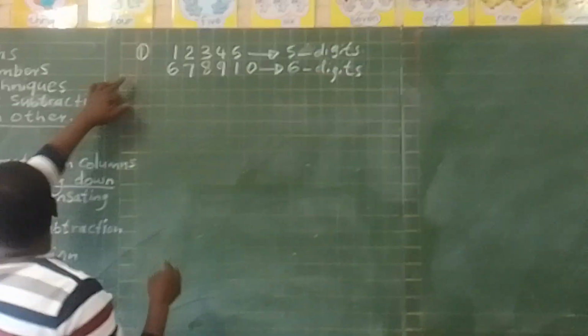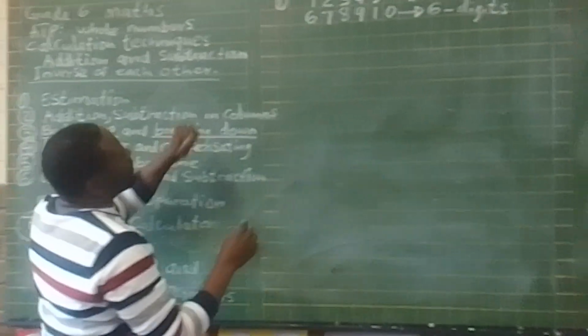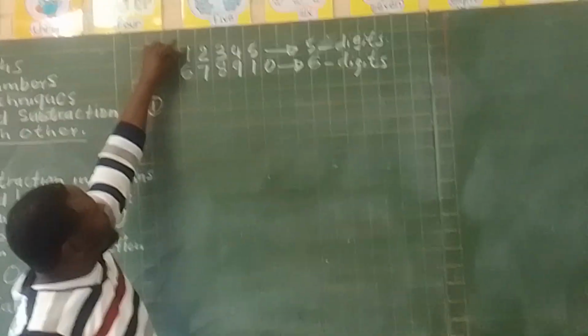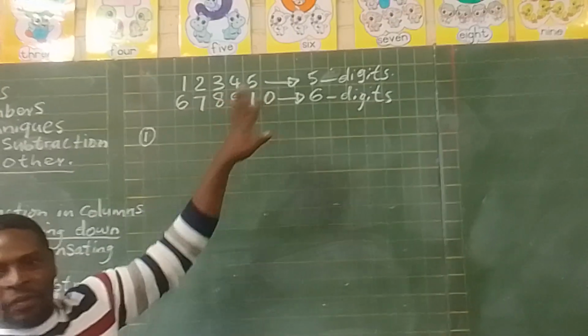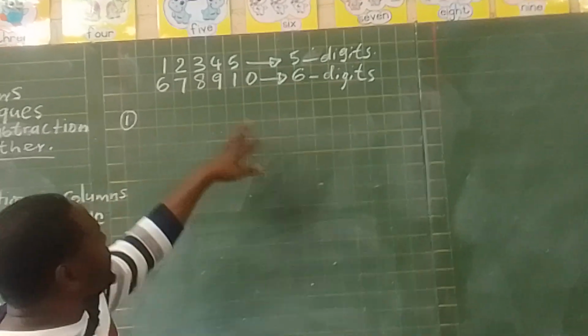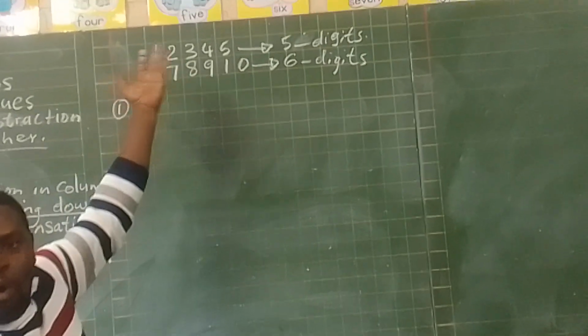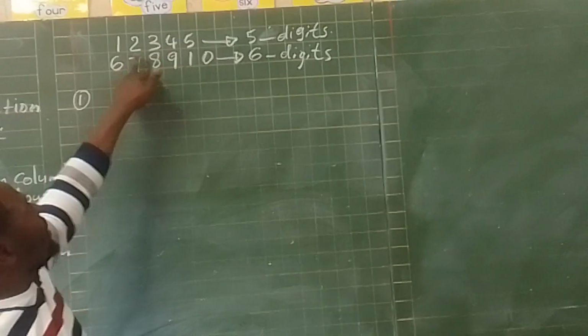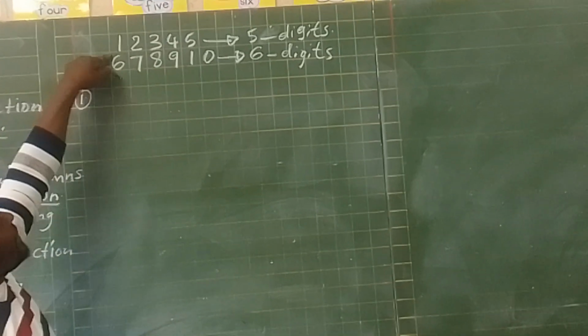Now, number 1 says estimation. Let's start our one here. So when they say estimate, you grab this number and round off like in the previous videos. If you don't understand how to round off, go back to the previous videos and you will see how. Here you are rounding off to 1,000.